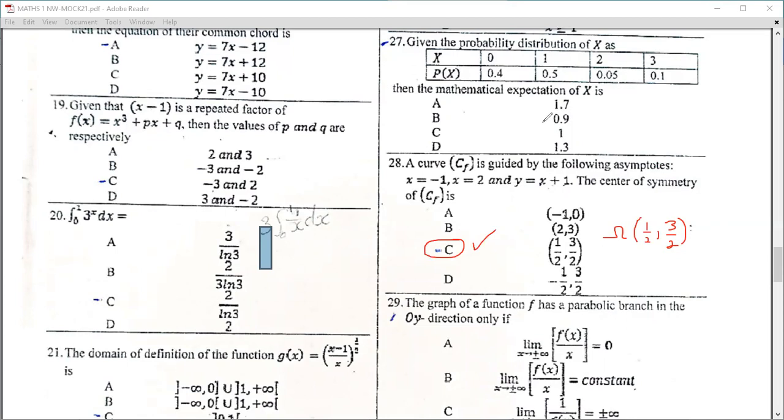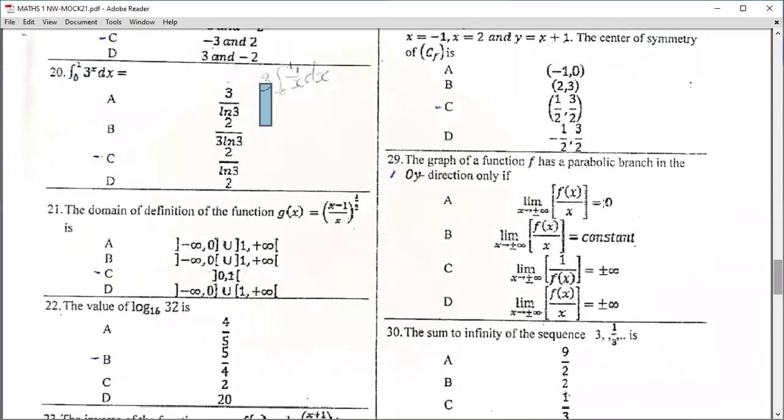All right, the next question, question number 29. The graph of the function f has a parabolic branch in the y direction only if... this question is direct. A parabolic branch is like an asymptote that is a curve. This first case is not true.